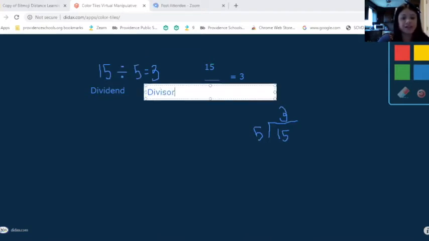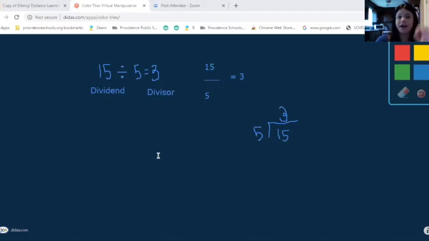And your divisor is the number that you're dividing by. So if you notice something, your dividend in a fraction goes on the top, your divisor goes on the bottom. When you look at long division, your dividend goes inside of the box and your divisor goes on the outside. Now your answer to a division problem is a quotient.